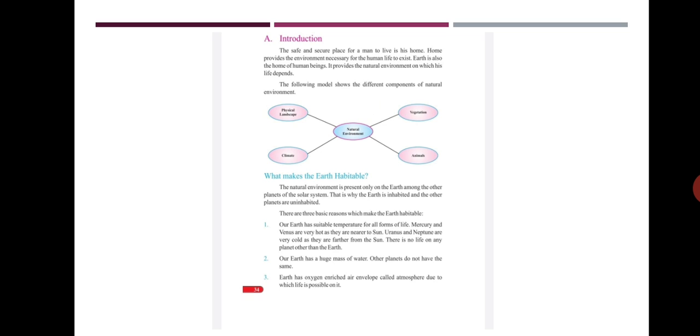The second is that Earth has a huge mass of water, and other planets do not have that much water, which is important for human life and other lives. And Earth has oxygen-enriched air, which is called atmosphere.